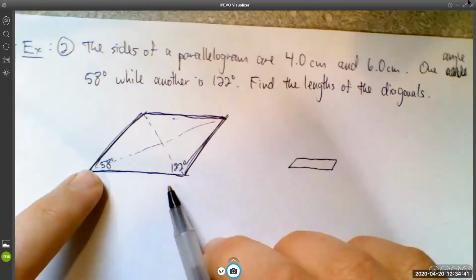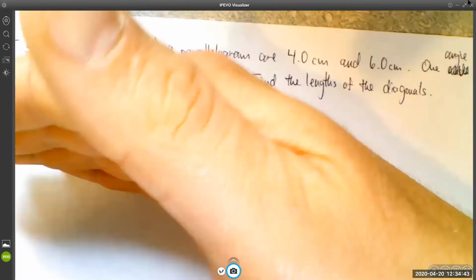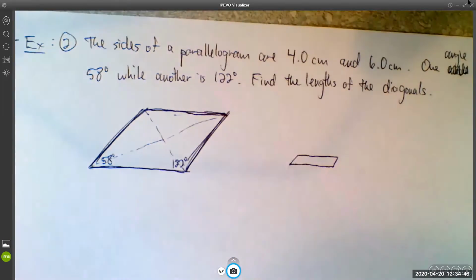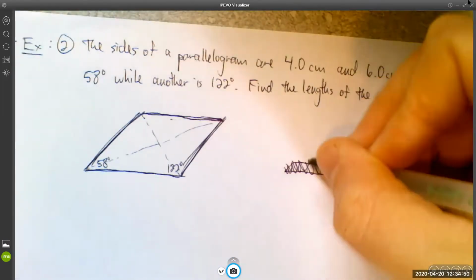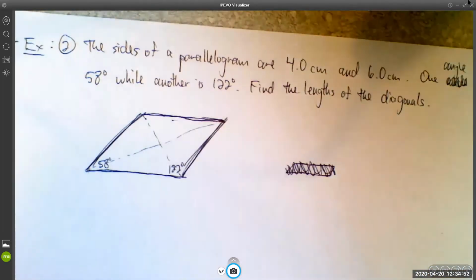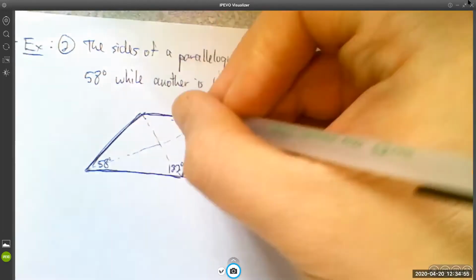Because you could have these same angles and make this side really short or really long. I don't know if we have enough information, to tell you the truth, to know which one should be 4 and which one should be 6. Maybe it doesn't matter. I don't know.